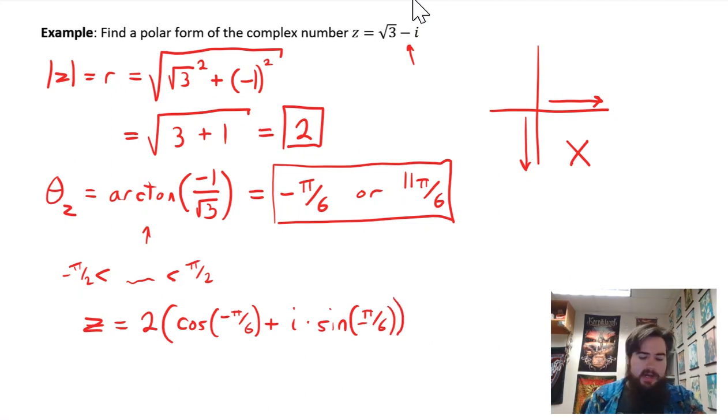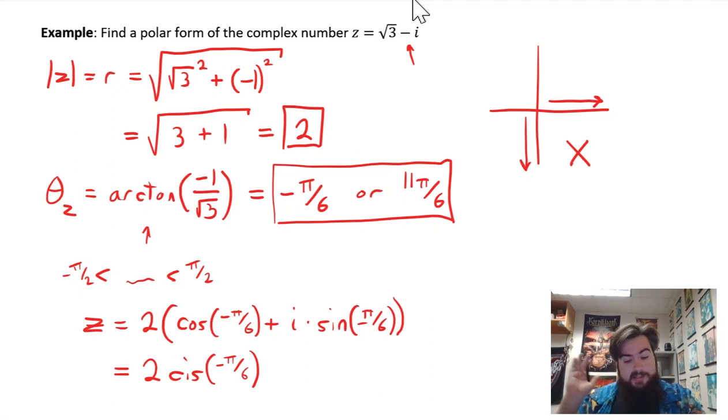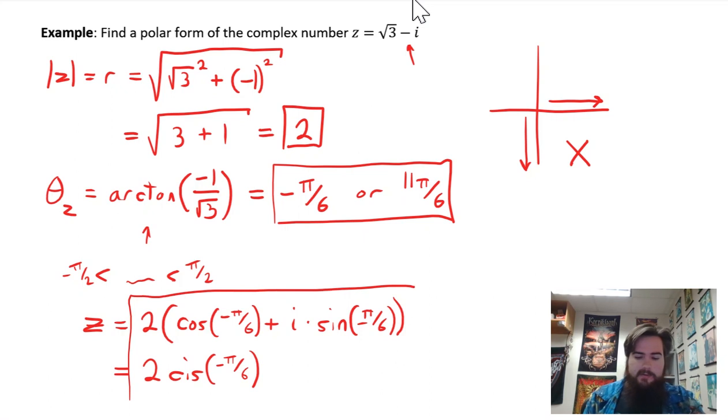That would be the expanded form, or the contracted form that minimizes cosine plus i sine into the expression cis. You can also write this as 2 times cis of -pi/6, or if you prefer 11 pi/6, then you can use that instead. Either way, though, we have our polar form of this complex number.